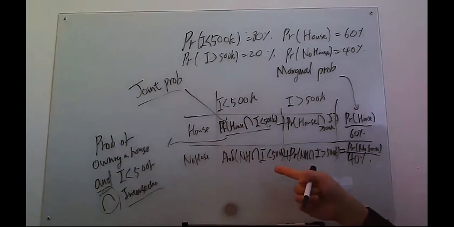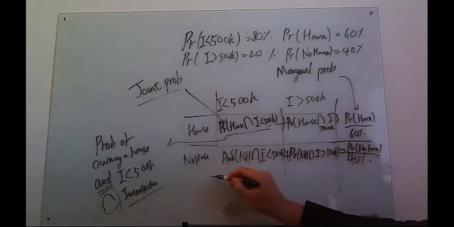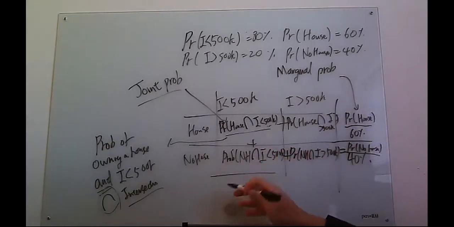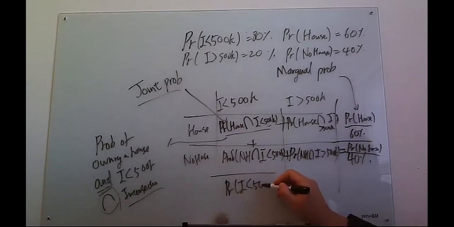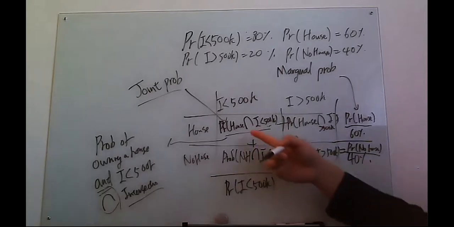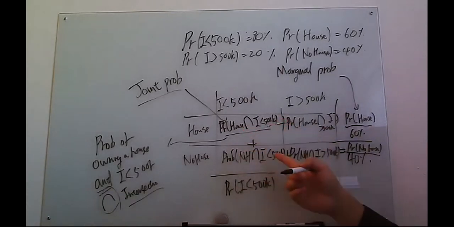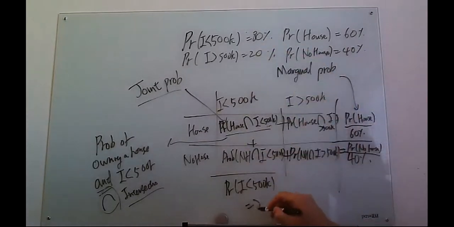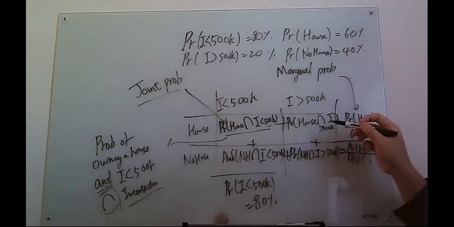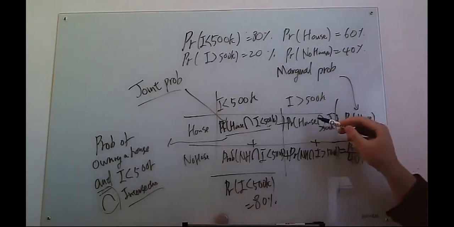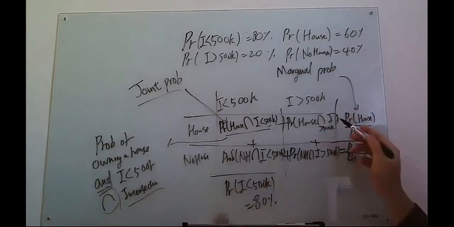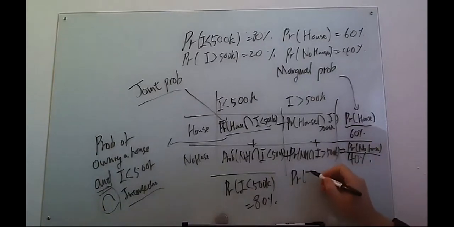So the summation of this one would be the probability of income less than 500K, which we said is 80%. Similarly, whether you own a house or not, your income is still greater than 500K. So that is income greater than 500K, and that would be 20%.